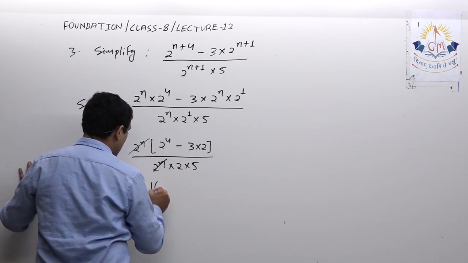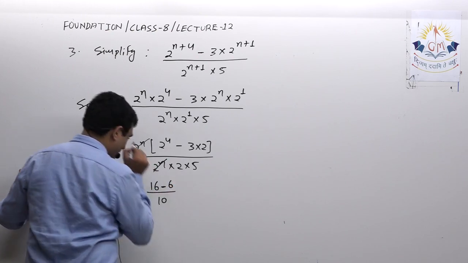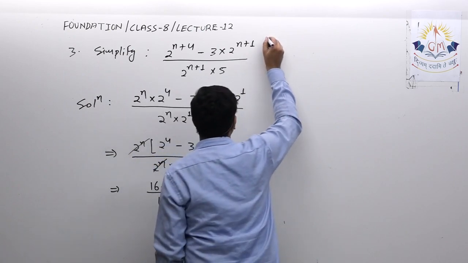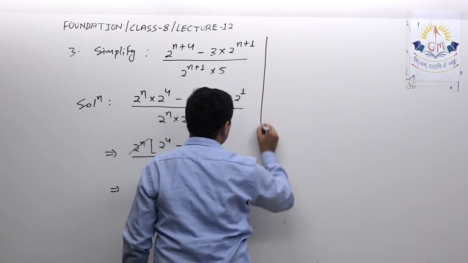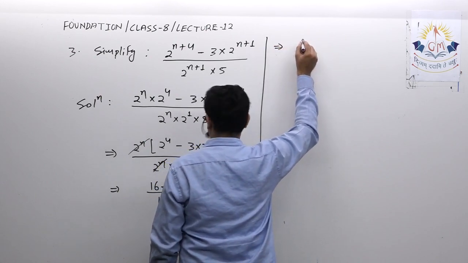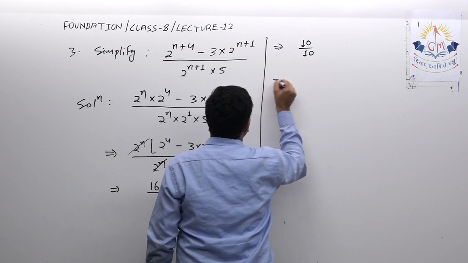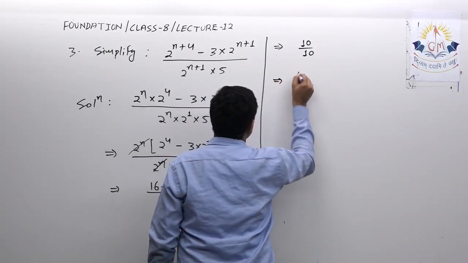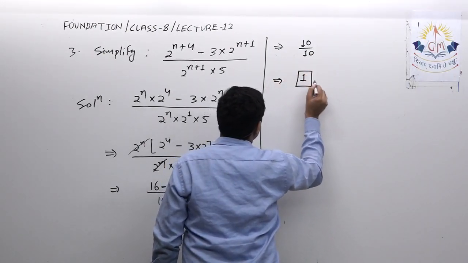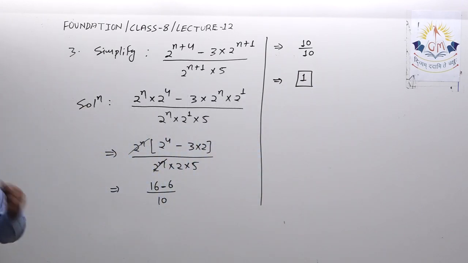Now here 16 minus 6, and in the denominator I have 10. So this is almost done. 16 minus 6 is 10, divided by 10. So my final answer is 1. Okay, so please note it down, then we'll see the next question.